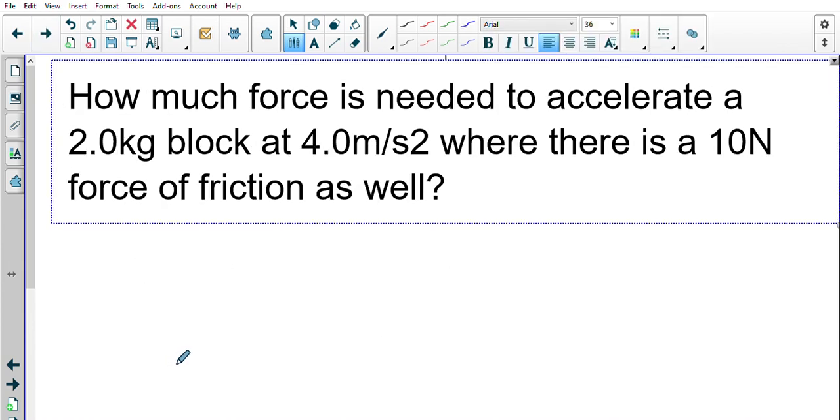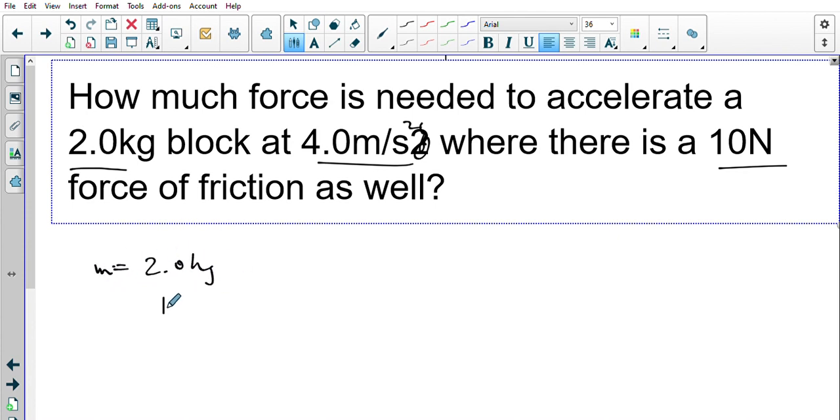Here we have a slightly different question. Well, they're always different, but here we're adding some complexity to this. How much force is needed to accelerate a 2 kilogram block at 4 meters per second squared where there's this friction? All right, so let's take a look. We have 2.0 kilograms. That's our mass.